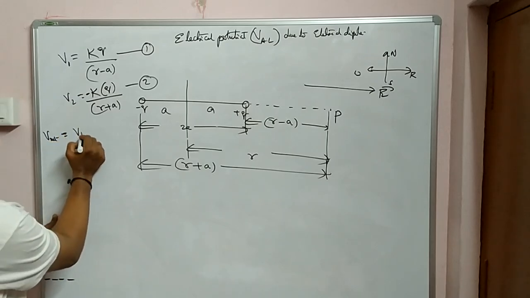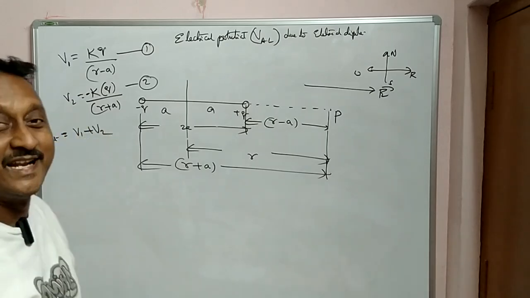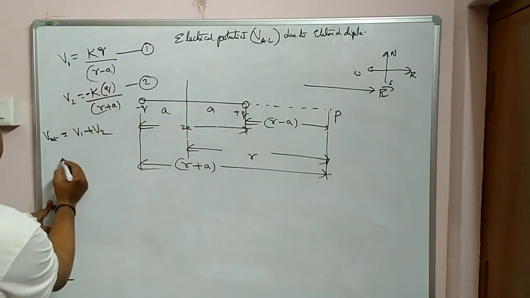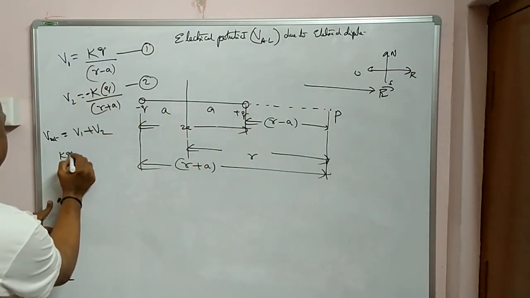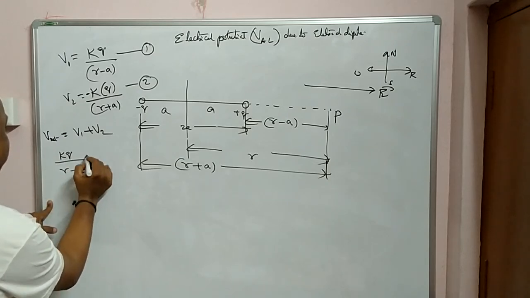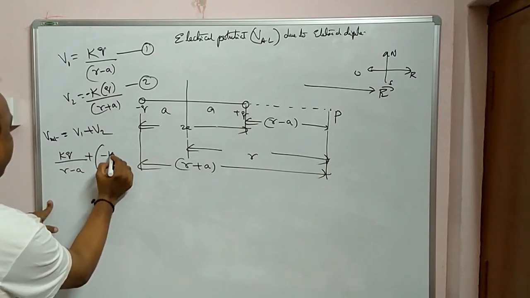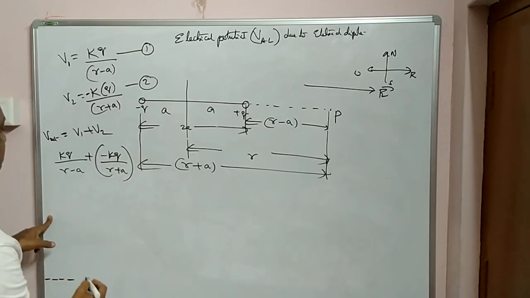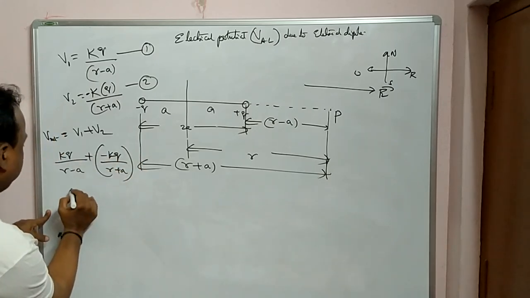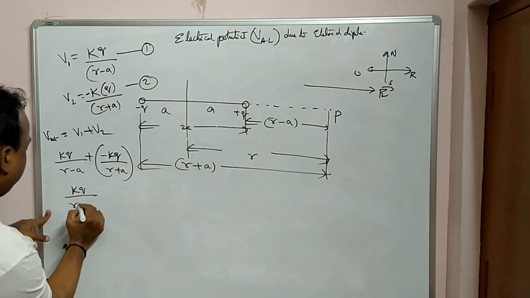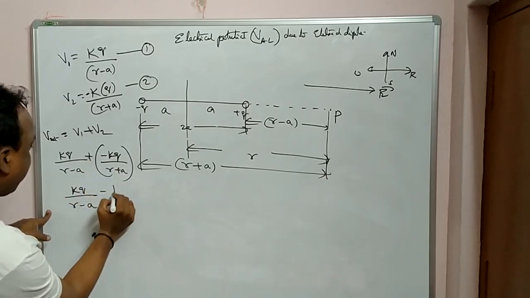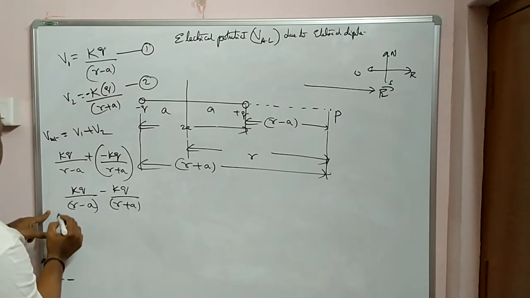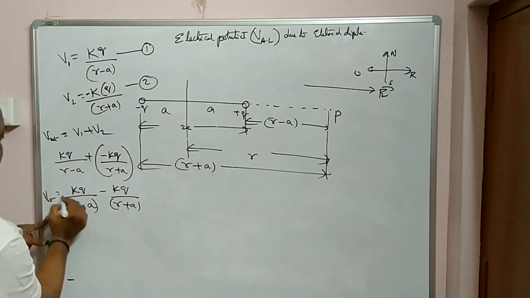V net is nothing but V1 plus V2. We need the resultant potential, so V1 plus V2, that is kq by r minus a plus minus kq by r plus a. This is V net, the resultant potential.